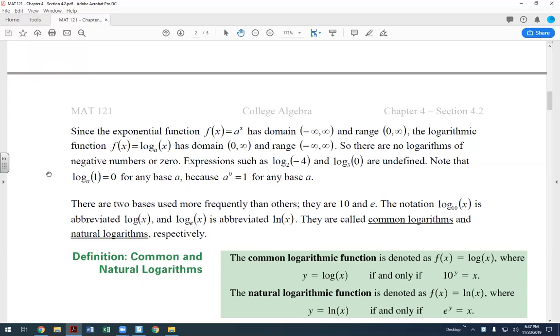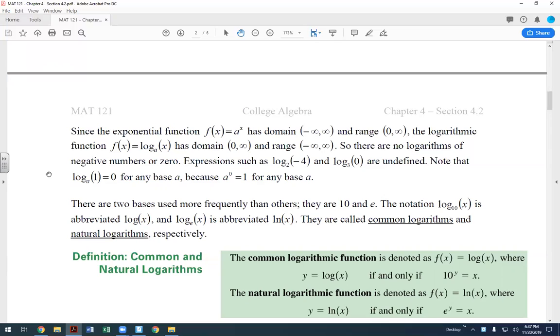Log of negative 4. Error. Error? What kind of error? Does it say domain error? So some calculators will say error, some will say domain error. It just depends on what's programmed in your calculator.